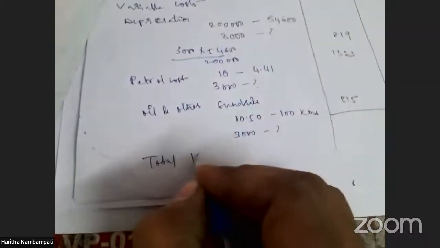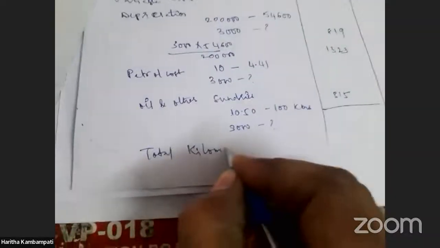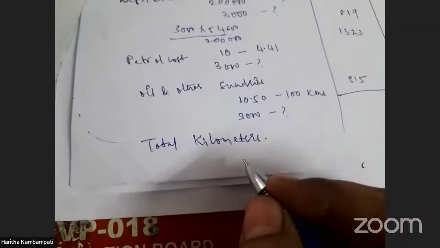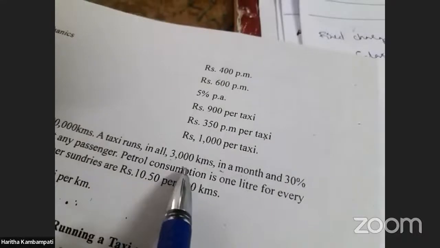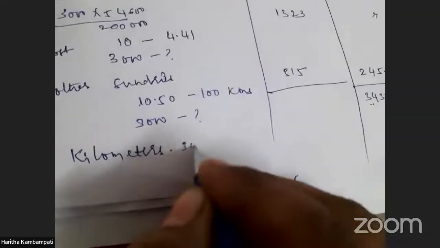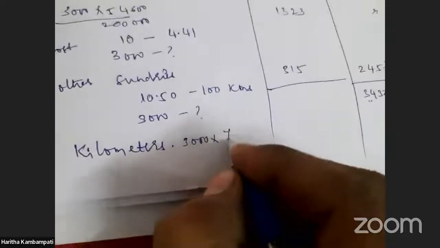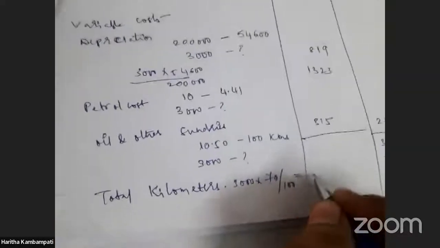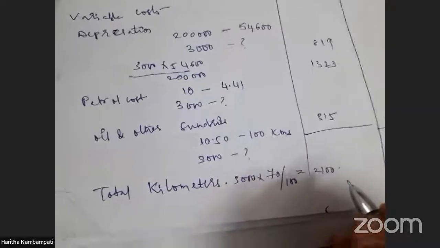Now we need to ascertain total kilometers. Run 3,000 kilometers, but 30% capacity is idle. So we need to consider only 70% of that. So 2,100 kilometers.